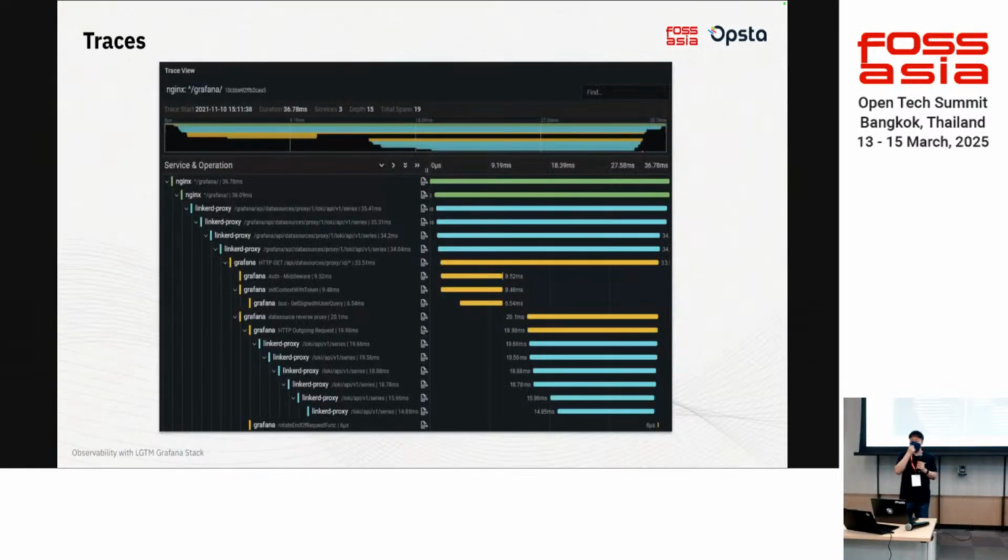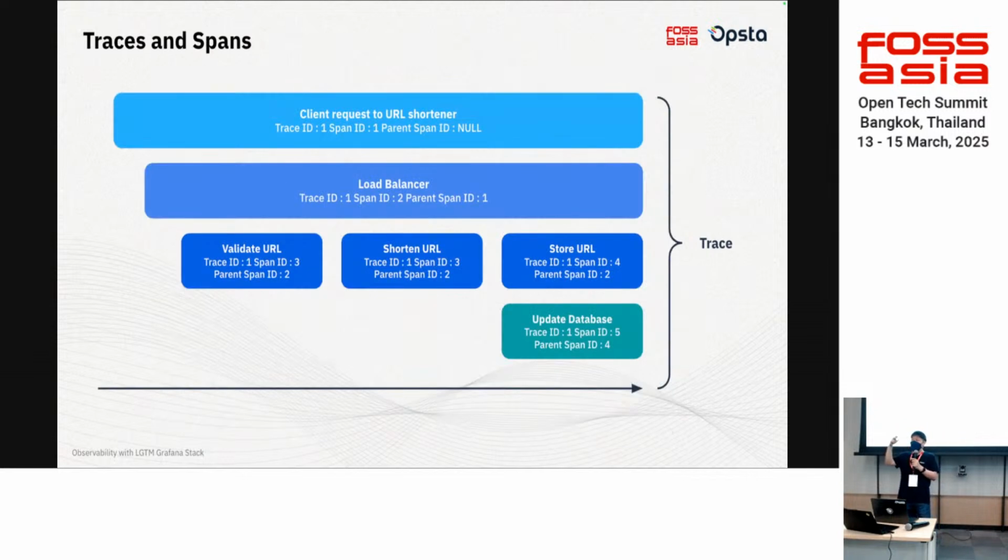The tracing, as you can see, is one request, and you can see each action inside it. This we call a trace. If we go a little deeper, one trace is combined from a lot of spans.